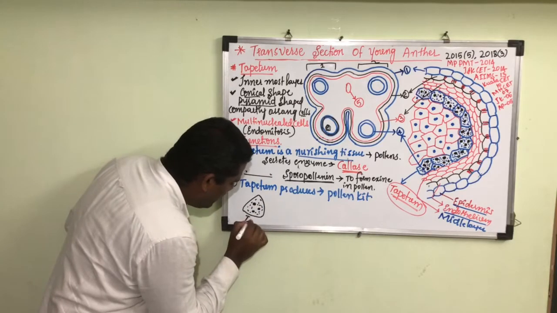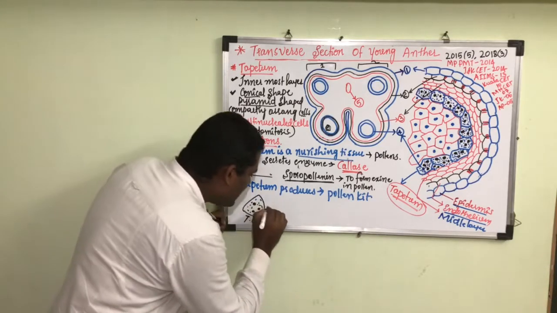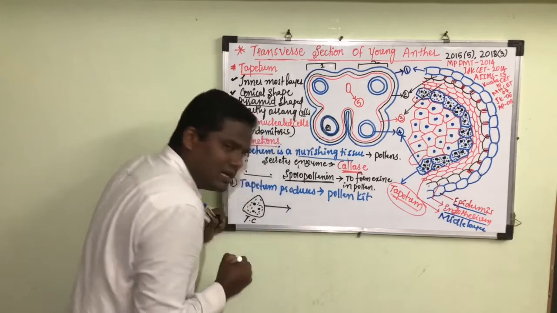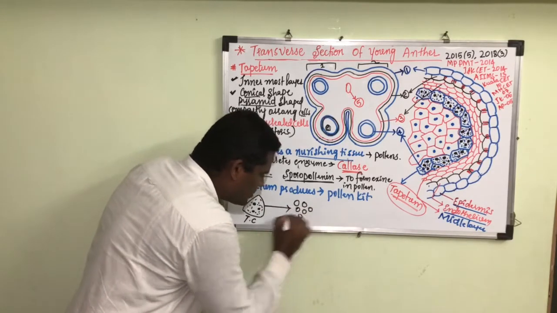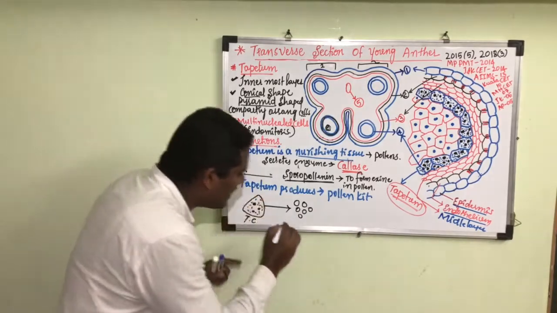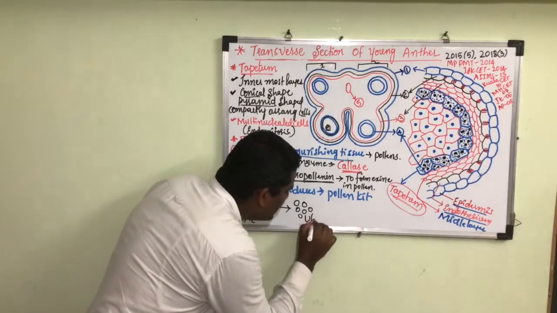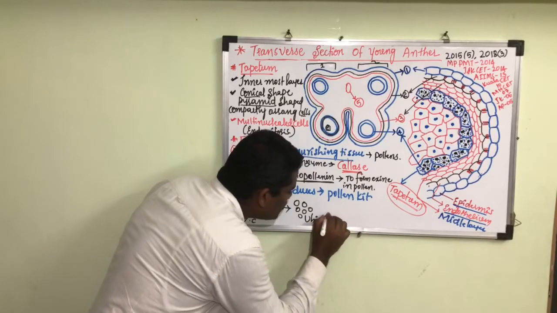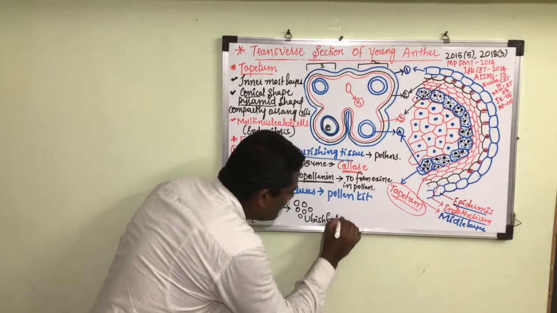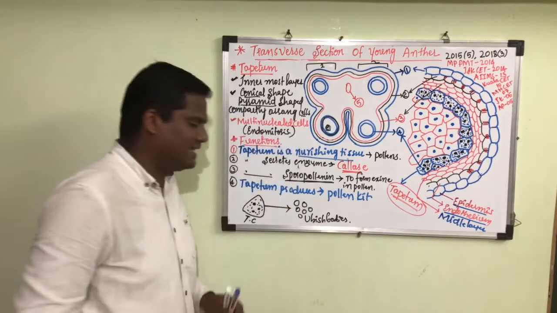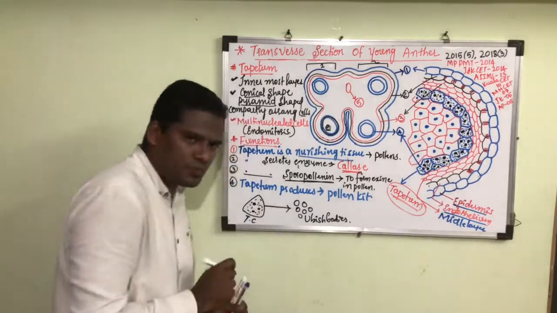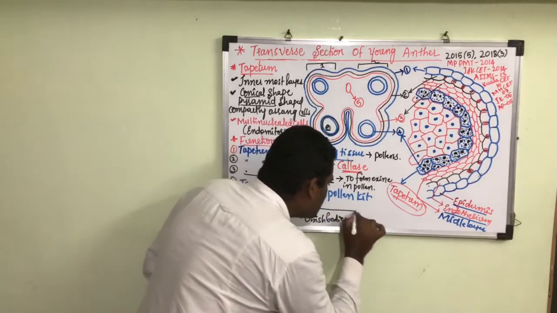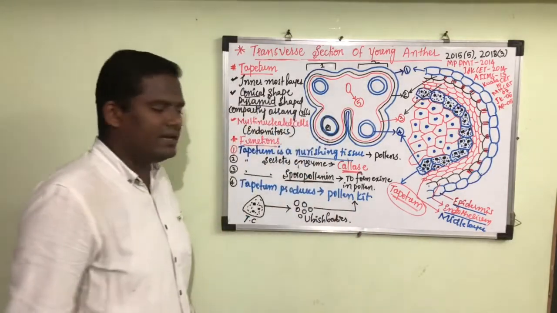The tapetal cell initially produces certain bodies, certain structures. These structures are called Ubisch bodies. The tapetal cell produces the Ubisch bodies, and these Ubisch bodies produce the pollen kit.